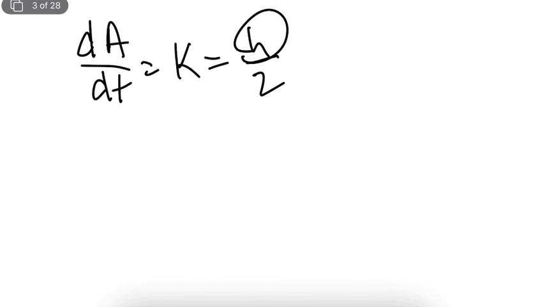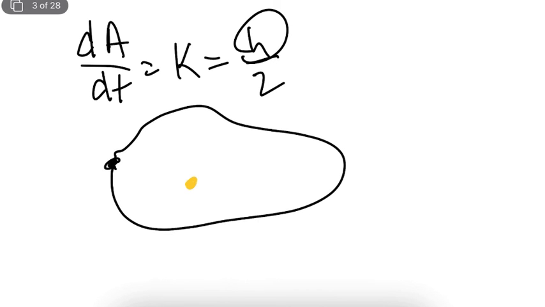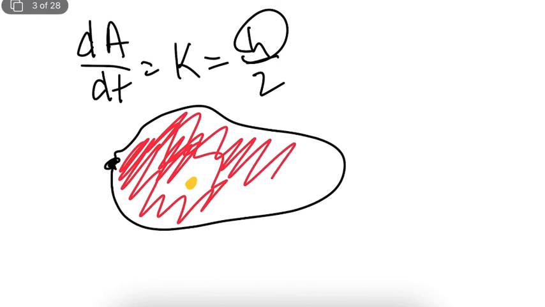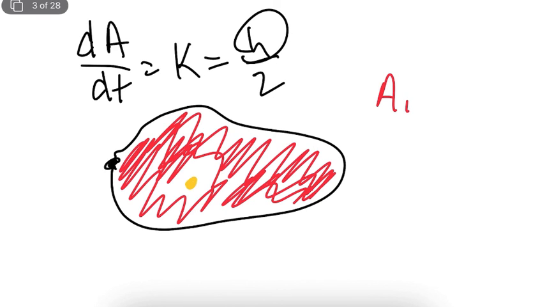And this leads us to one important point, and that is for any planet orbiting the sun, regardless of what the orbital path looked like, there would be a certain total area encompassed by the orbit, and let's call that A sub t for total area.